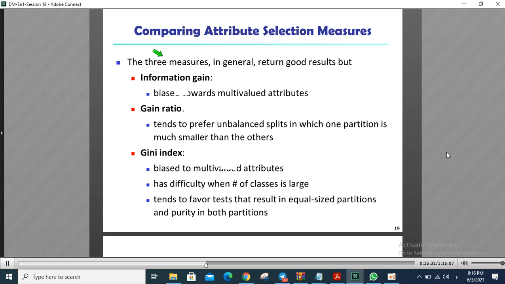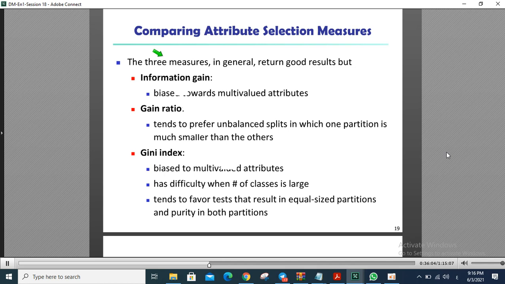So until now, we talked about 3 different measures. Each of these measures has their pros and cons, or advantages and disadvantages.